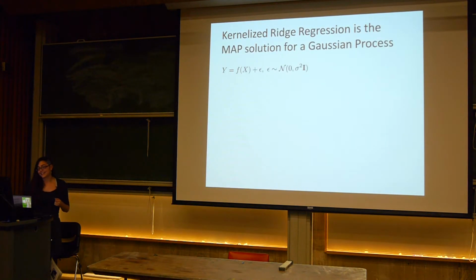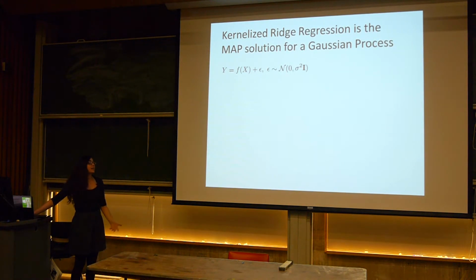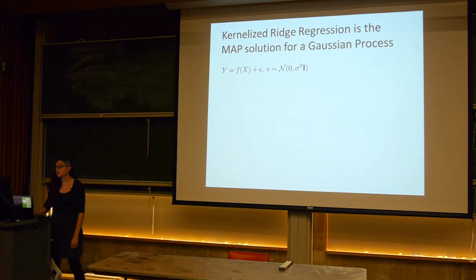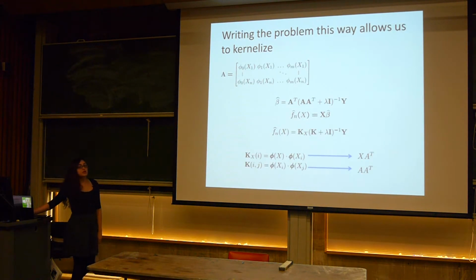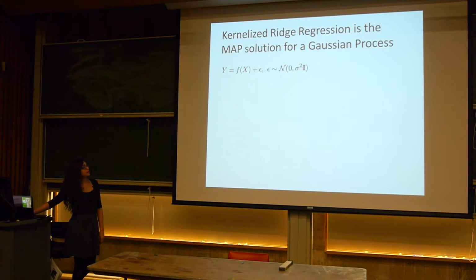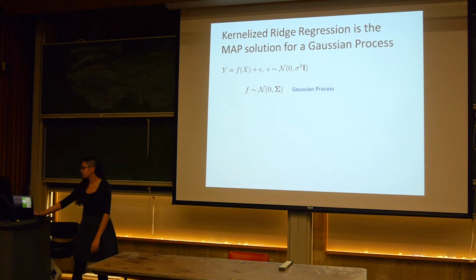Okay. So how does that relate to Gaussian processes? This solution we're going to show is the estimate under the assumption that f is drawn from a Gaussian process. What does that mean? That's a freaky term.